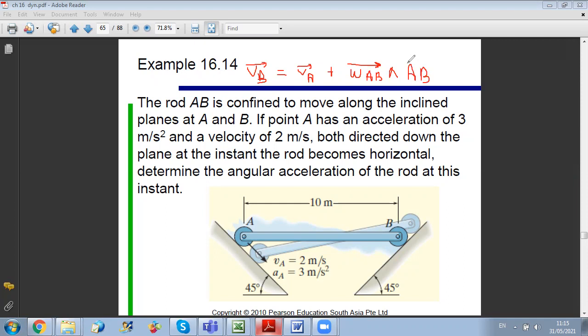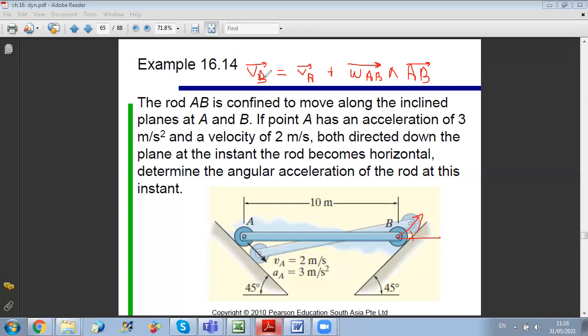Now, in order to obtain our two equations, we should replace each vector by its expression. So I should decompose each vector into i, j components. And of course, omega will be along k, because in 2D motion, omega is perpendicular to the plane of motion. So first, for VB, it has an angle of 45 with i.